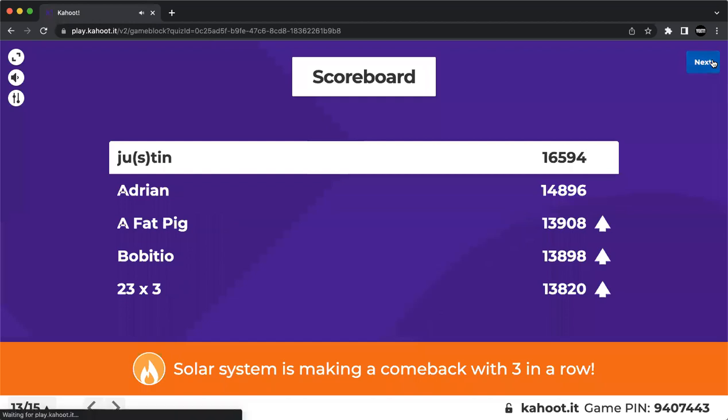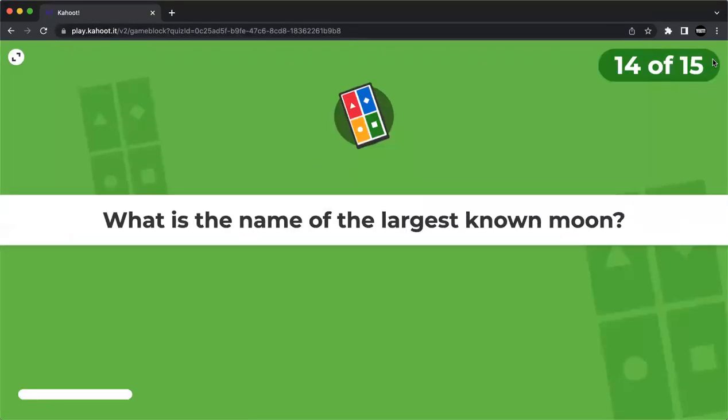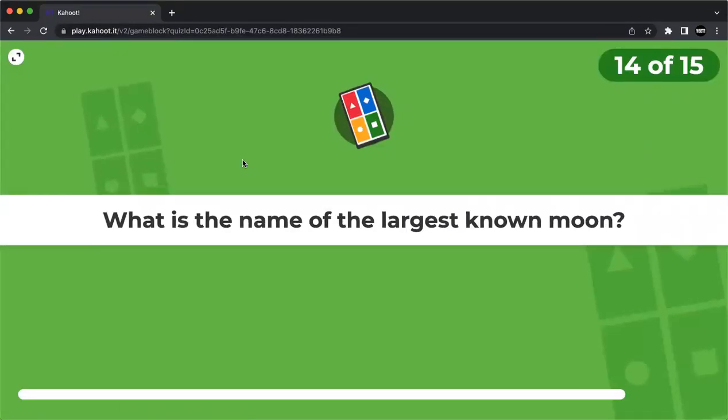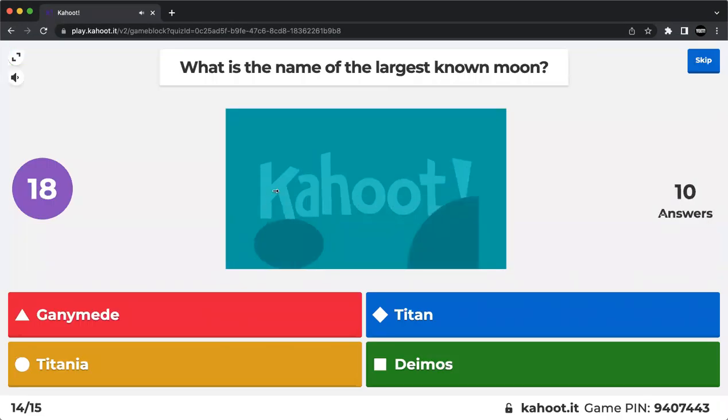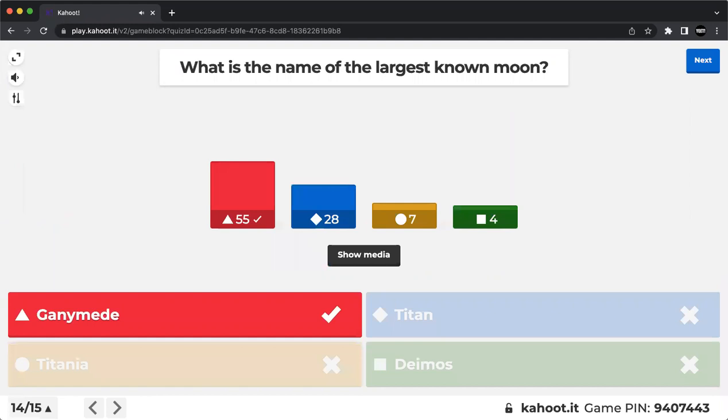Good job. Penultimate question. What is the name of the largest known moon? Yep, it's Ganymede.